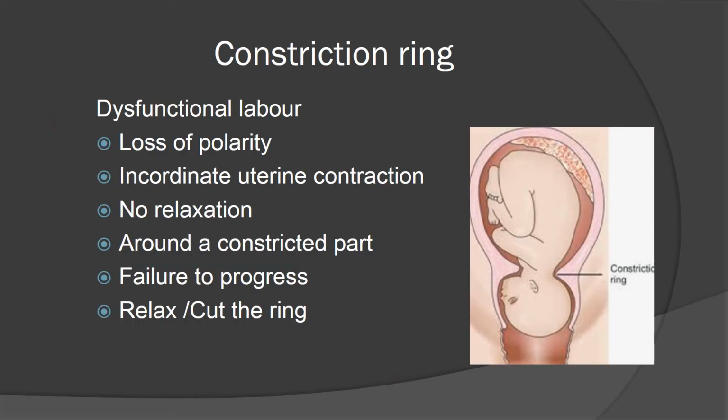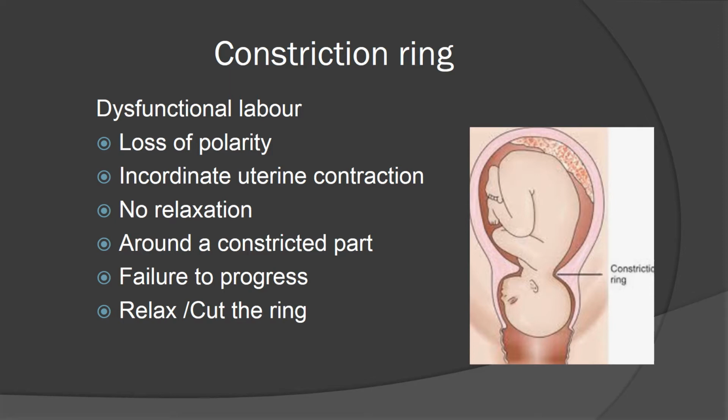When we talk about the pathological retraction ring or Bandl's ring, we should also be thinking about the constriction ring. A constriction ring occurs in dysfunctional labor as a result of loss of neuromuscular coordination of the uterine contraction.